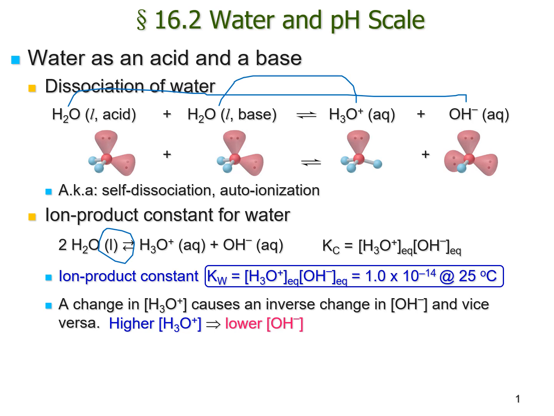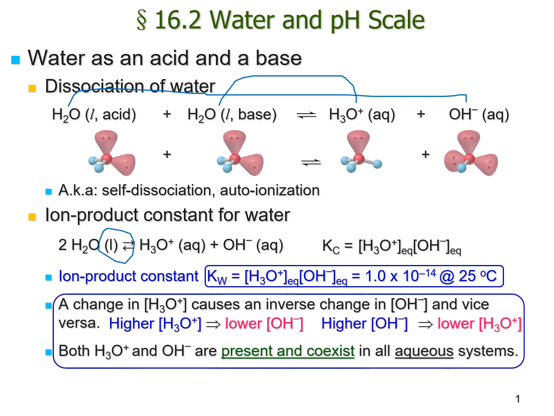So this is something I want you guys to understand. But an even more important conclusion I'd like to draw here is that both species, hydronium and hydroxide, are present and coexist in all aqueous systems.